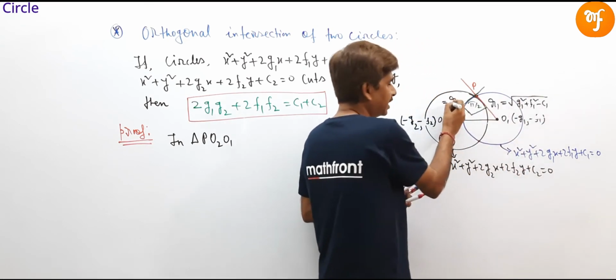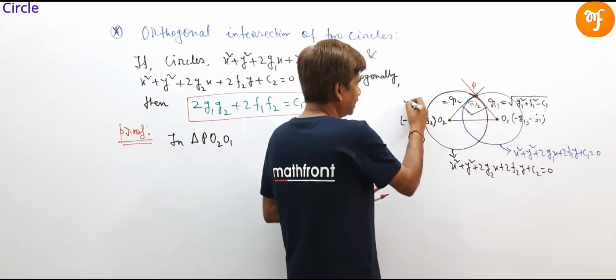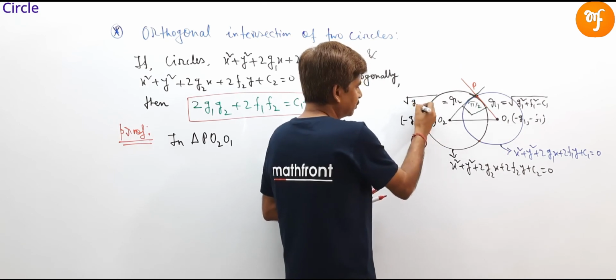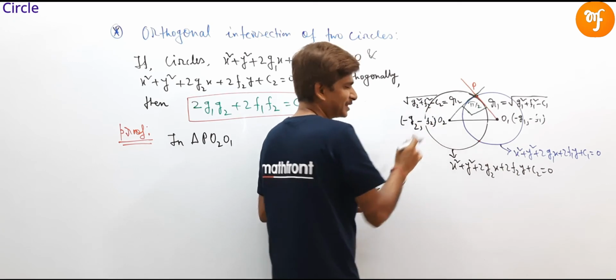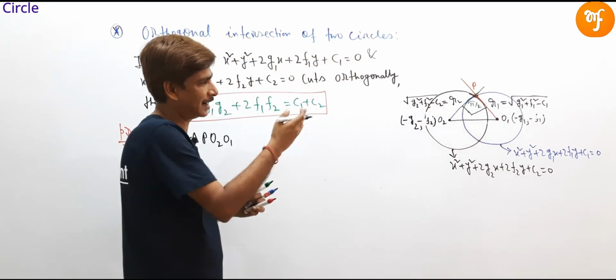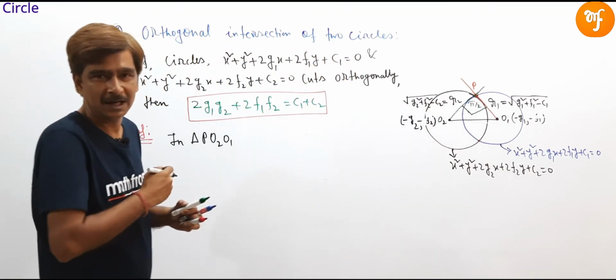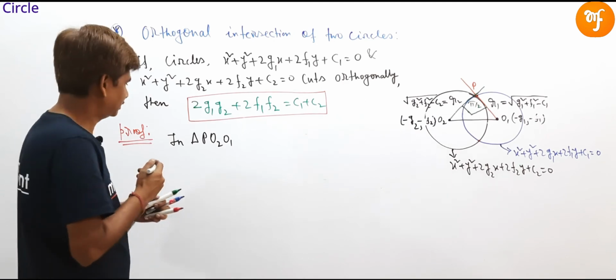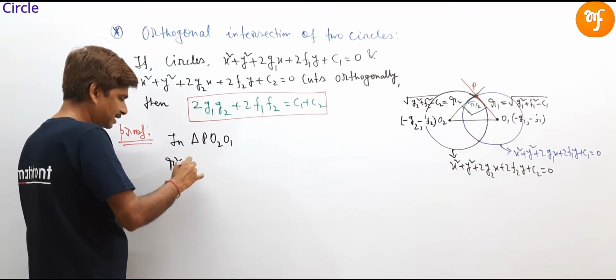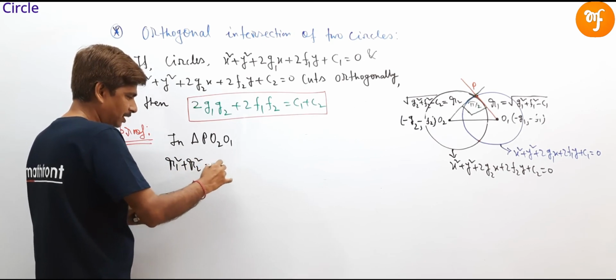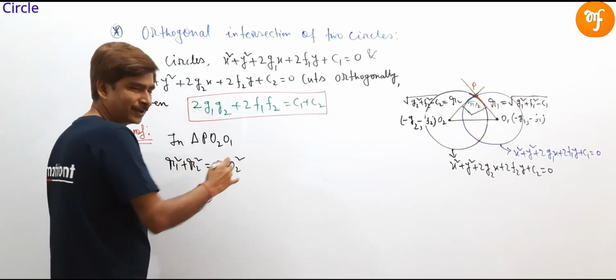And what is the value of R2? We know R2 is nothing but root over g2 square plus f2 square minus c2. Is it? So applying the Pythagoras theorem in the triangle PO2O1, what we get? R1 square plus R2 square is equal to O1O2 square.